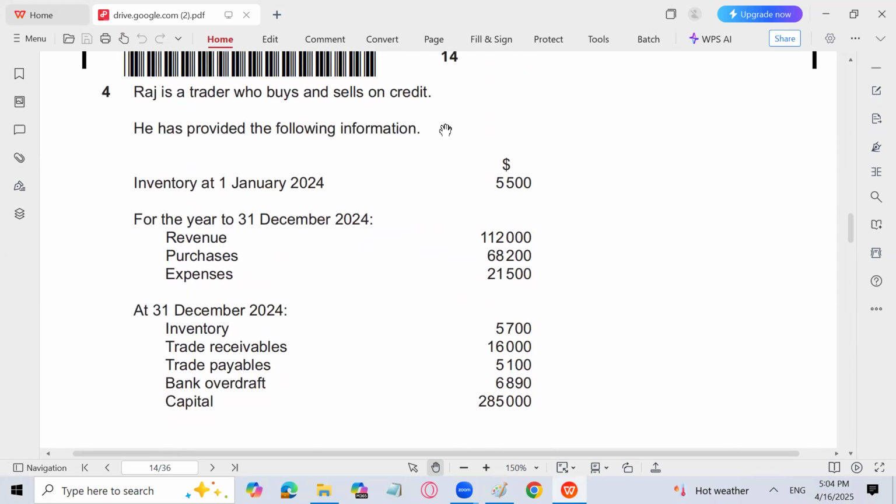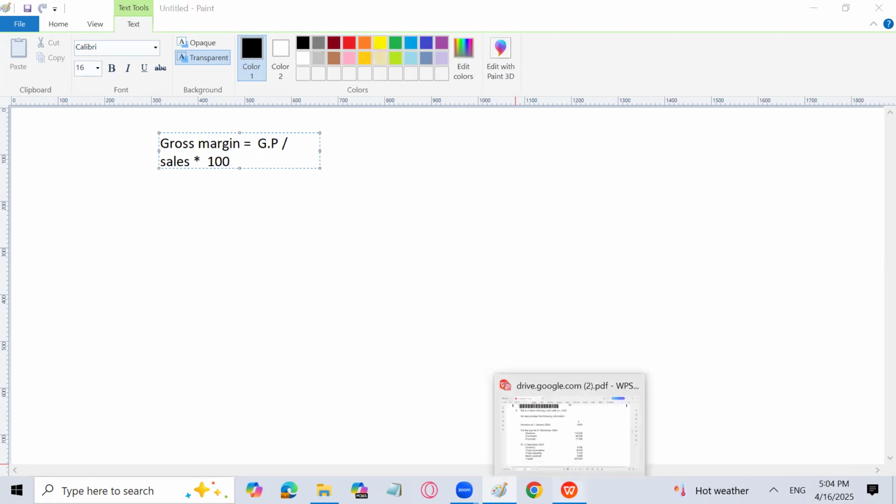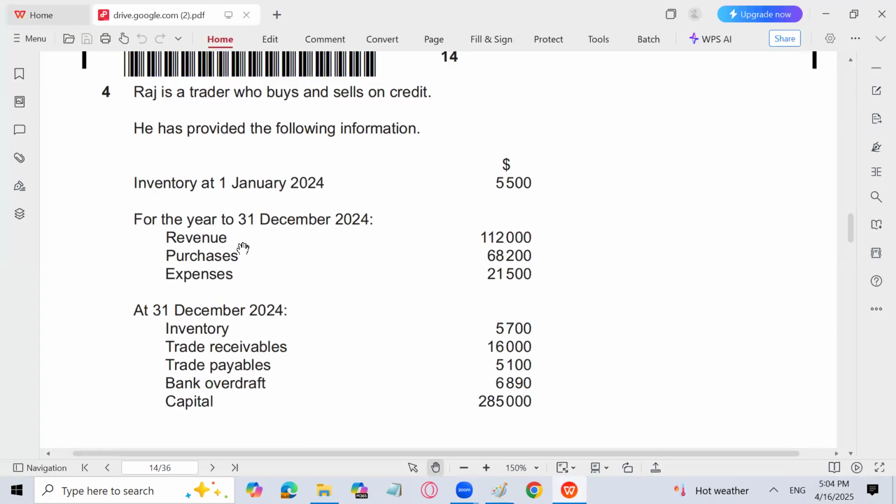So I have to calculate gross margin first. The formula for gross margin, or simply margin, is gross profit over sales multiplied by 100. So let's see what the gross profit is.